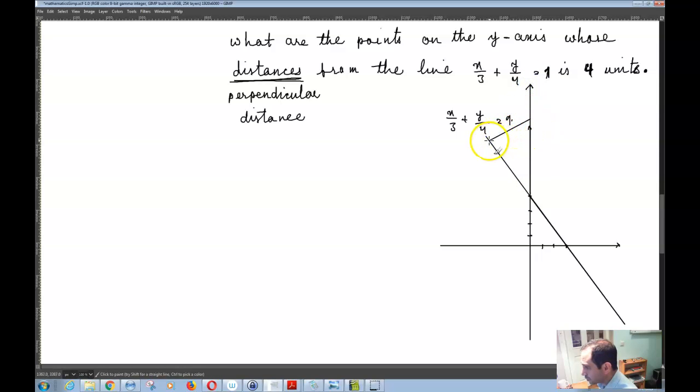And if I assume that, for example, this is the perpendicular line from the y-axis to the line that we have, and if I suppose that this is 4 units, then this is going to be one of those points. And this could be also one of them, probably.